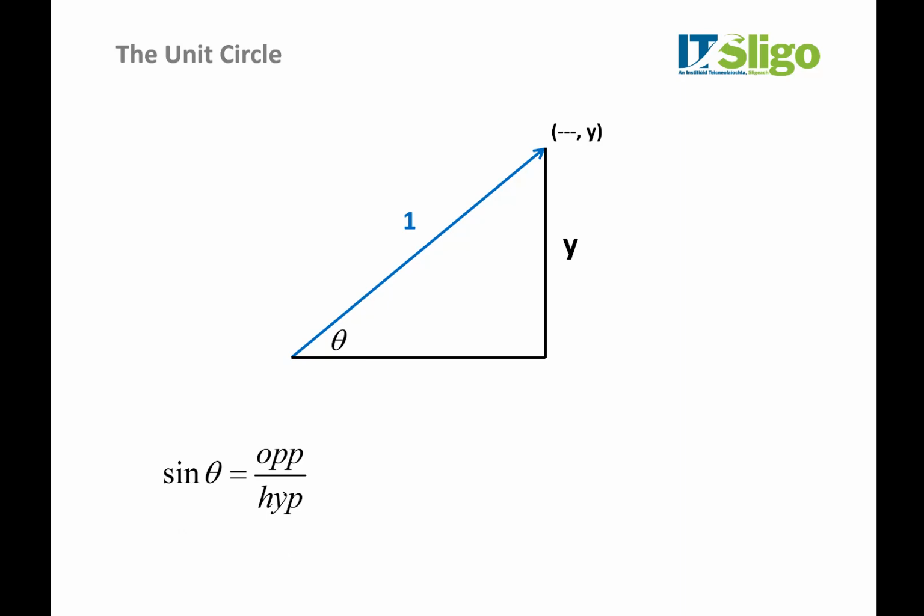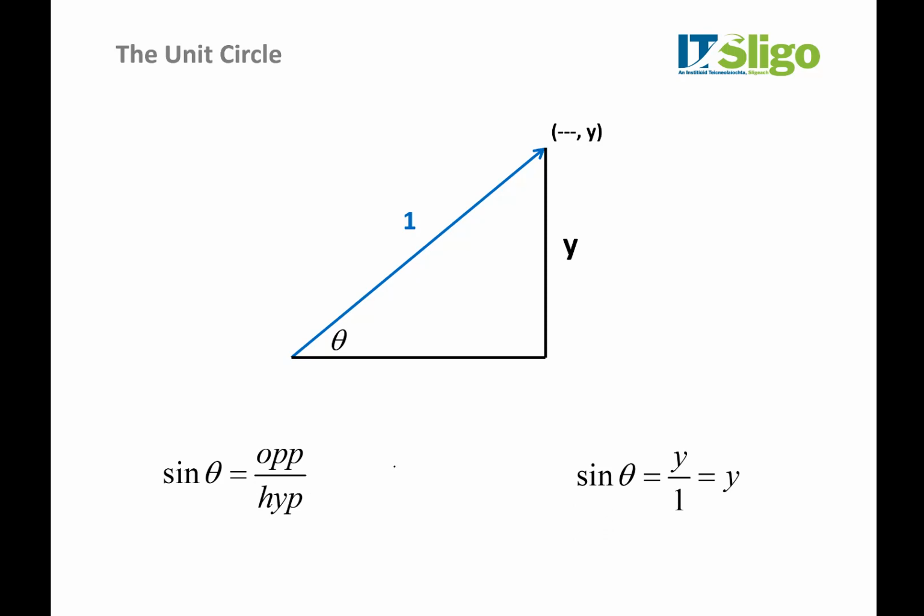And now we know the hypotenuse is 1. This point, we're looking at a point as it goes around the circle. So at any point it's going to be at y. The vertical distance off of 0 is y. No matter where the point is on the circle, it would always be described by y. So now we can write, well, the sine of theta is opposite over hypotenuse. So that's just equal to y.